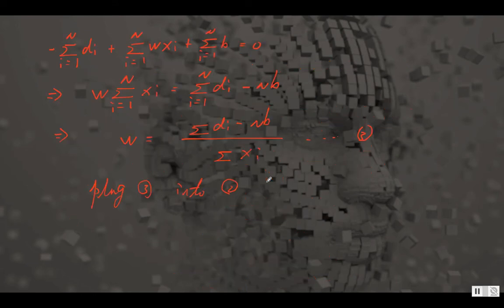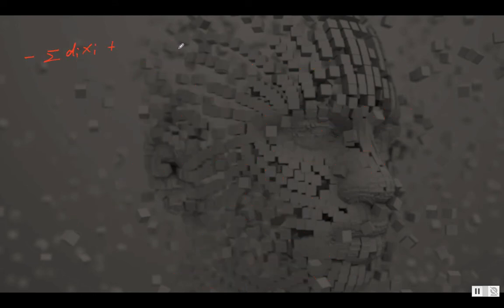And here's di and xi, and then plus, go back to equation 2. So here's w. We use the w, equation 3, to replace the w. And the plus w equal to this guy, d, and the minus nb.